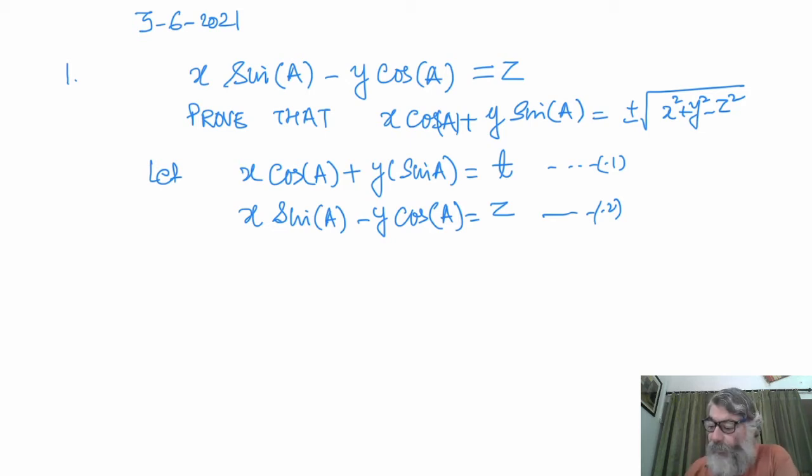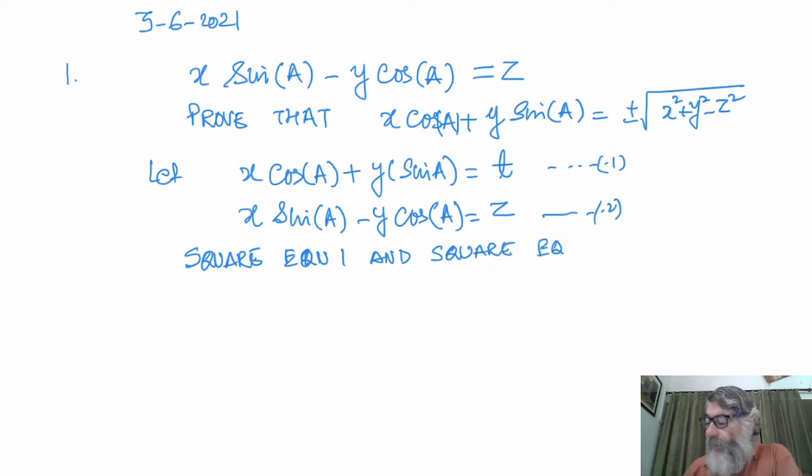Let's square equation 1 and square equation 2 and add them. What will I get?